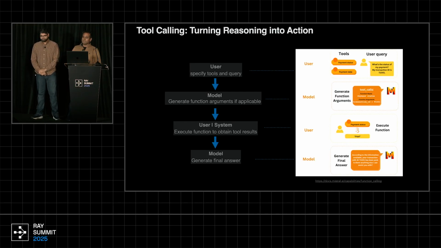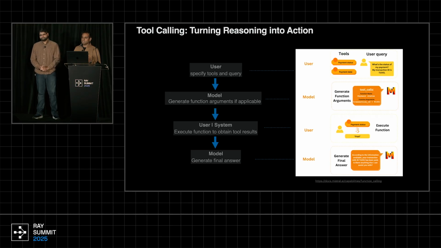Double clicking into the agent, here is an example. It's a familiar picture. You may have an agent that can be used to interact and get information about payments. With this simple payment agent, you ask the agent a question about what's my payment status. The tools available in the agent are passed to the LLM.